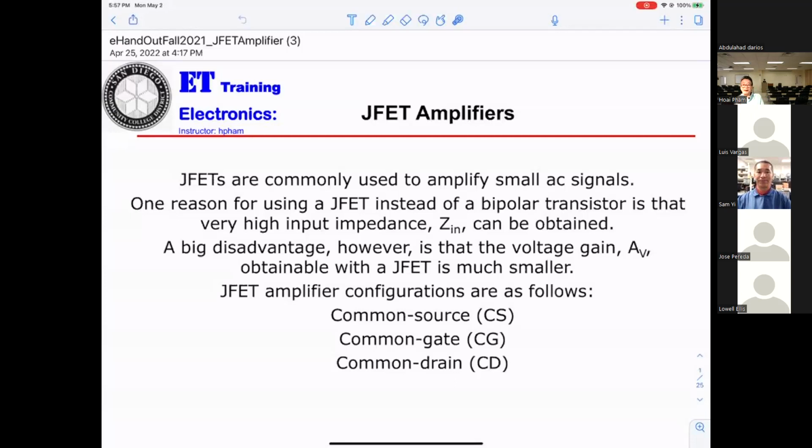Maybe you have to add more stages. More JFET, right. So more stages. What's the smallest AC signal that you're aware of that the JFET can amplify?